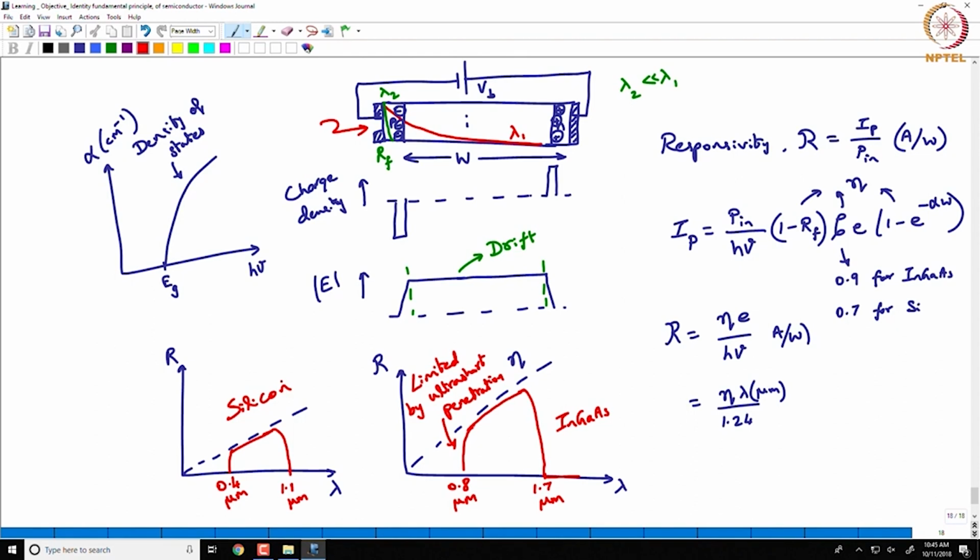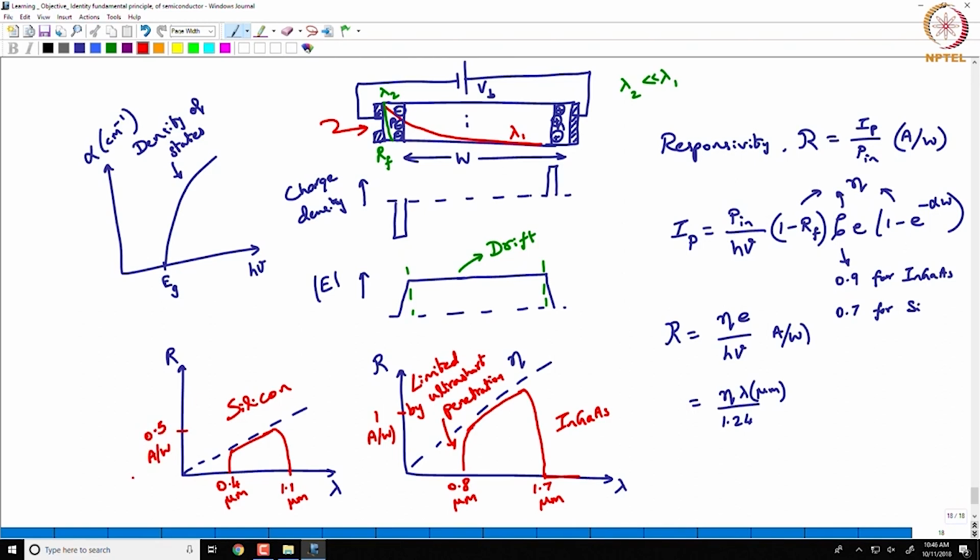Okay, so then the question is, that's my responsivity, and the values could be in the order of 1 amp per watt. In silicon, it's typically about 0.5 amp per watt, right?